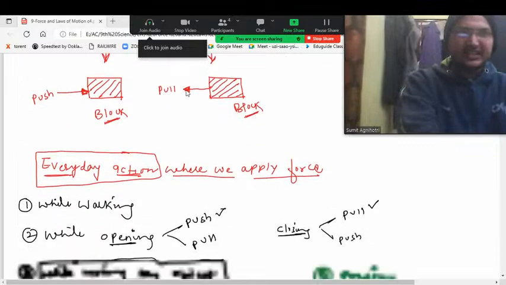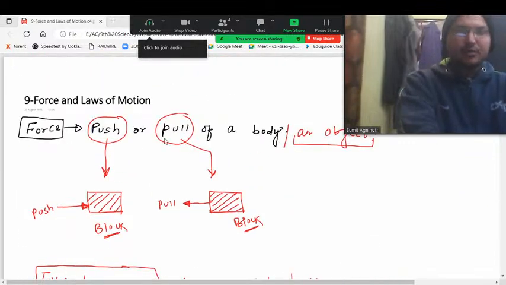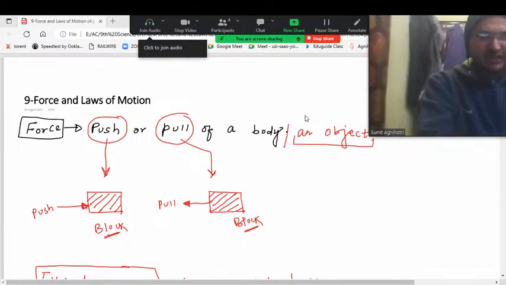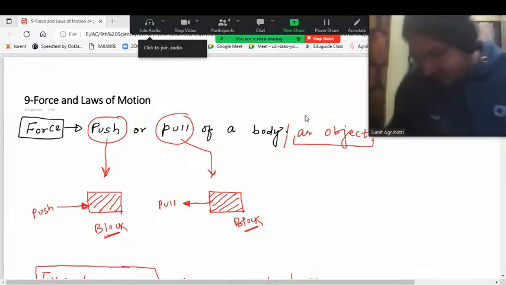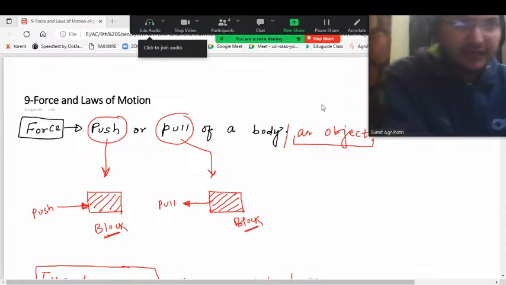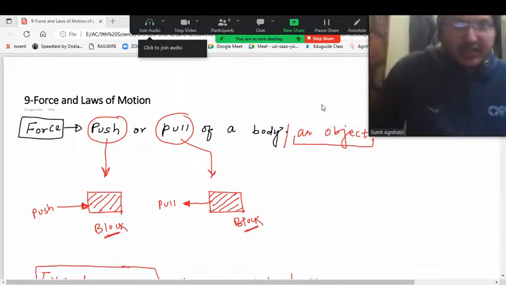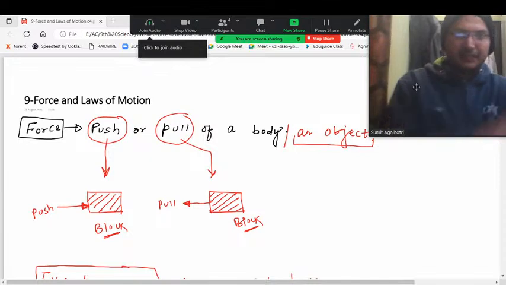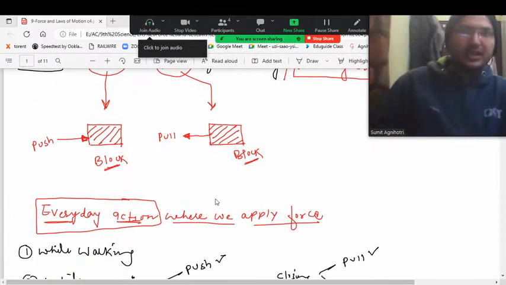Okay, this is a definition that you just see here. Push or pull of an object is known as a force. After the definition of force, I have presented an example that helps you to understand how you pull and how you push.